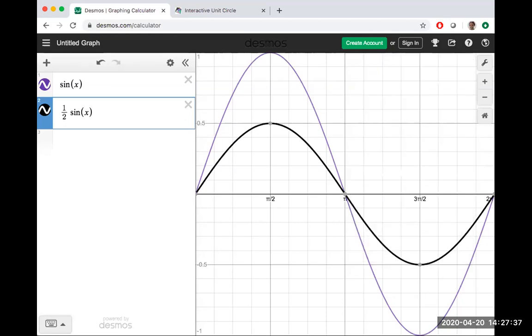So that's how it should have come out, okay? This is the parent graph here, 0, 0, pi over 2, 1, and so on and so forth. And then here is the graph that is shifted. So 0, 0, pi over 2, 1/2, and so on and so forth.